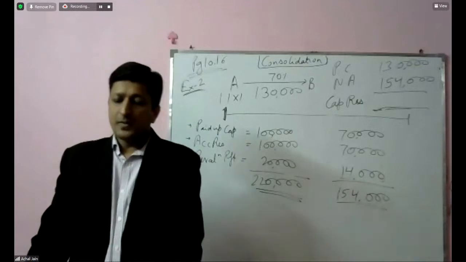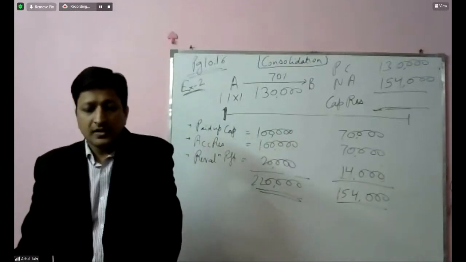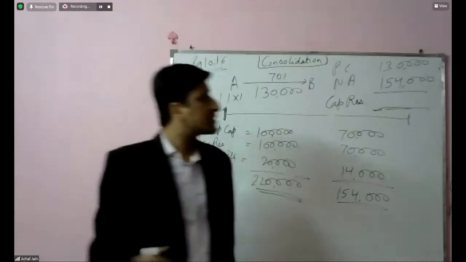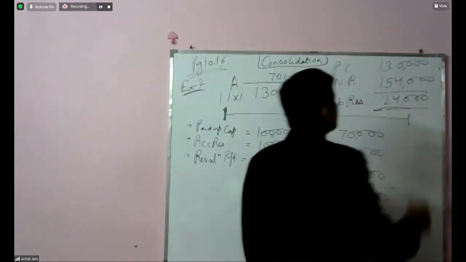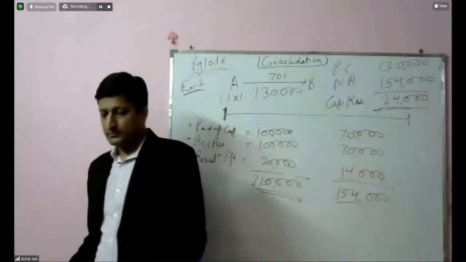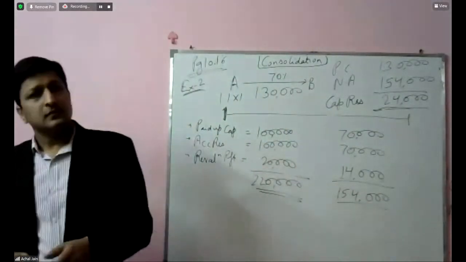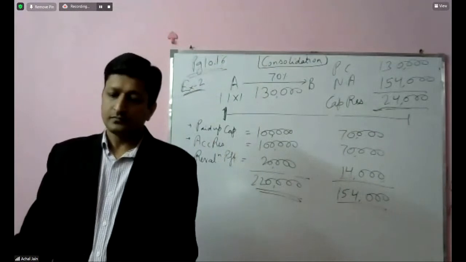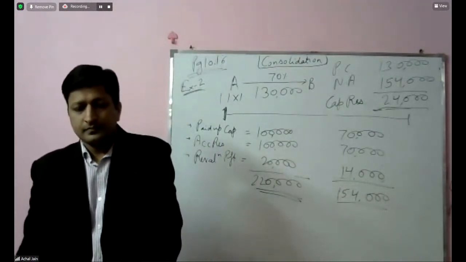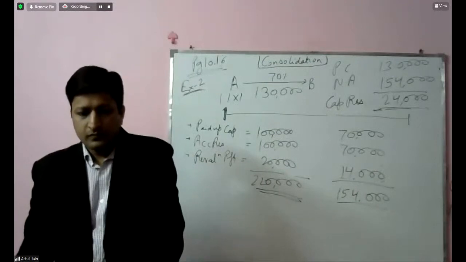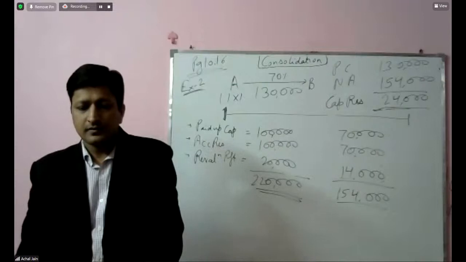So Manish, Shamin, Shakshi, Aditi, Kushi, they are getting the same answers. It's a capital reserve of 24,000. 24,000 is the capital reserve.